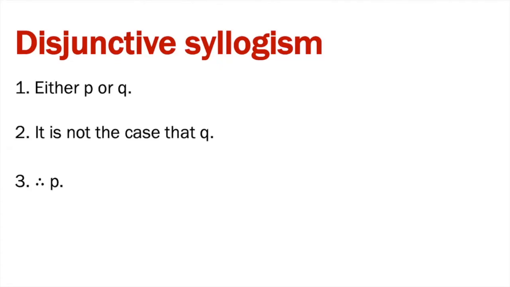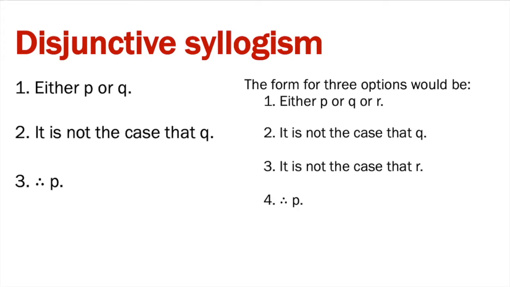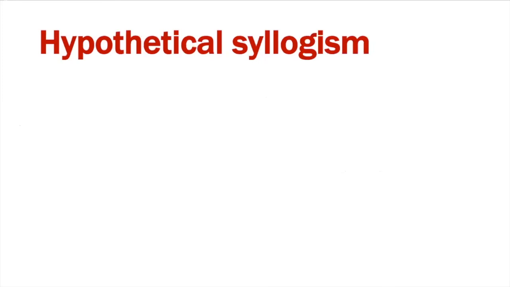Another common argument form, one that you might find useful, is the disjunctive syllogism. It goes like this: either P or Q. It is not the case that Q, therefore P. The form for 3 options would be either P or Q or R, and then you eliminate the other 2, and therefore only P is left. You can expand this to 4 or 5 different things, but usually you don't want to go beyond that.